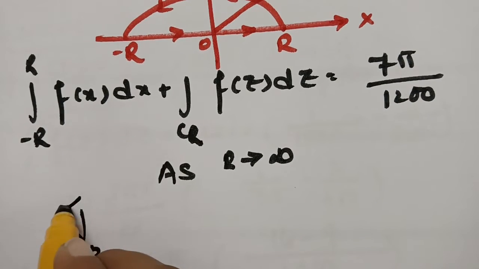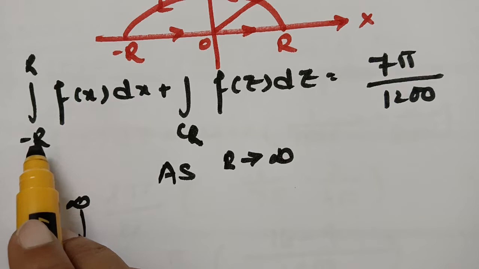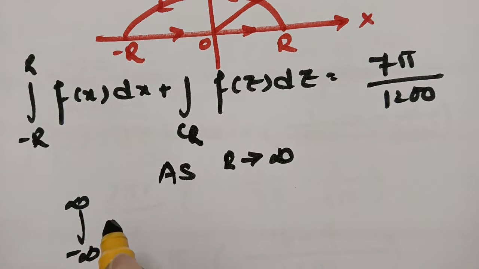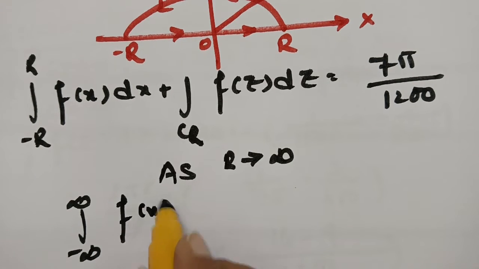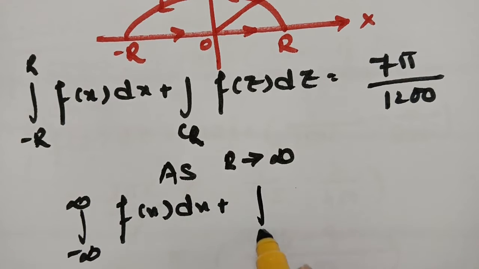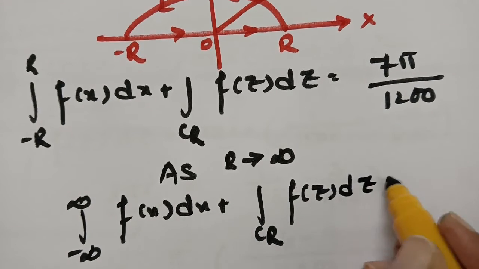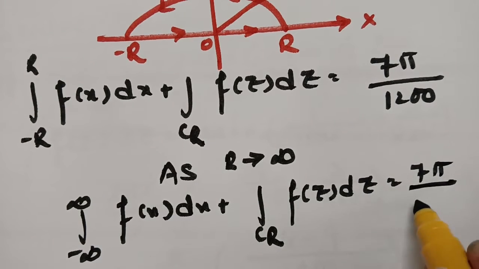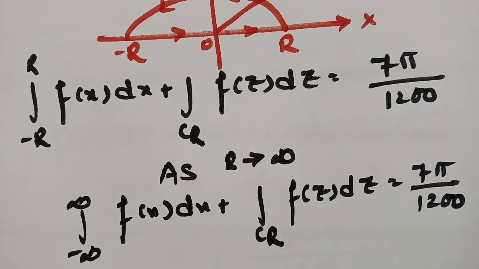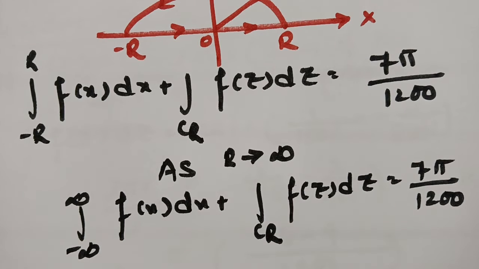This will be minus infinity to plus infinity. So I'm taking r to infinity, that is the integral of f of x dx plus the integral over cr of f of z dz is equal to 7 pi by 1200. See what happens to this f of z dz.